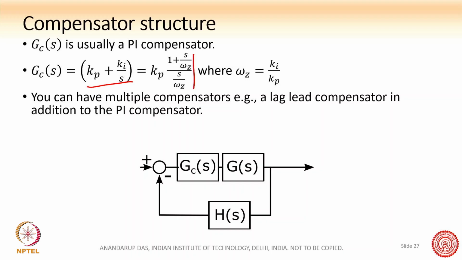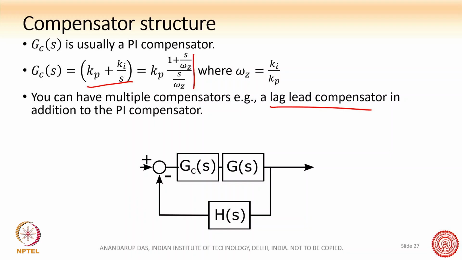In addition to the PI compensator, we can also add a lag lead compensator, okay? In this example we have not shown this, but you can always add a lag lead compensator so that you can manipulate the bandwidth, okay? You can shift the Bode plot up or down, or you can move it sideways, right?